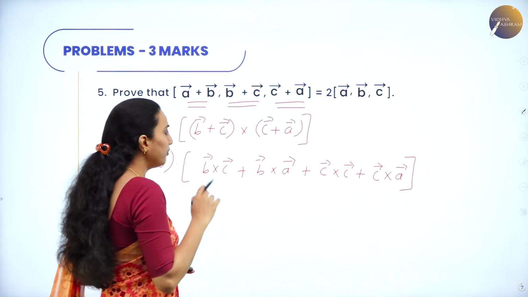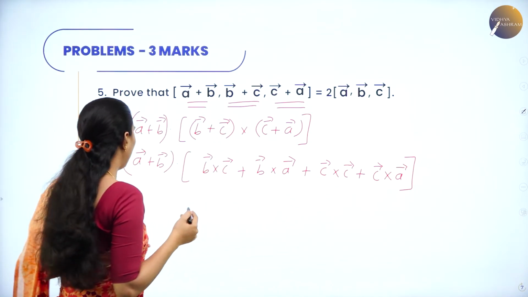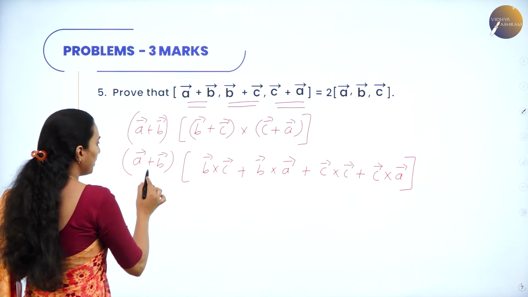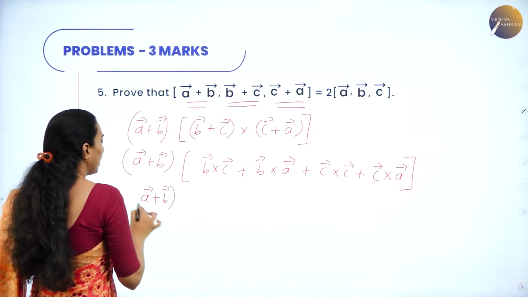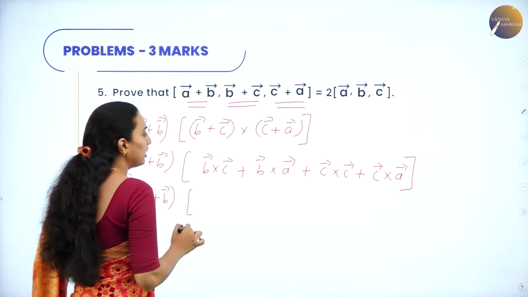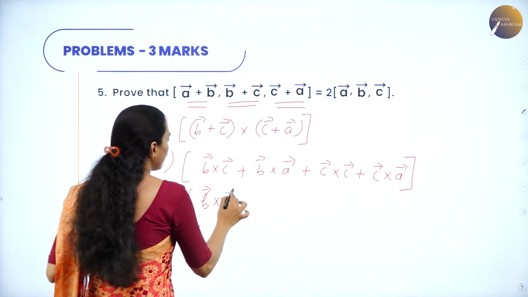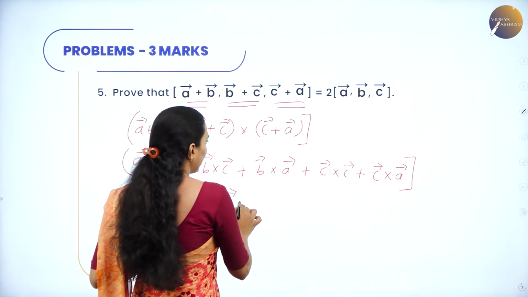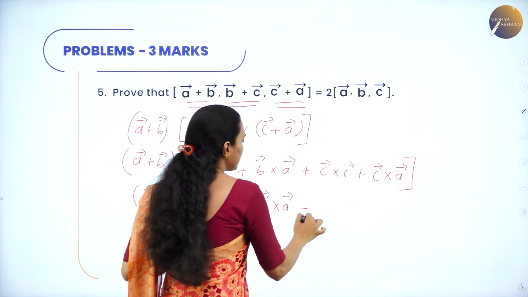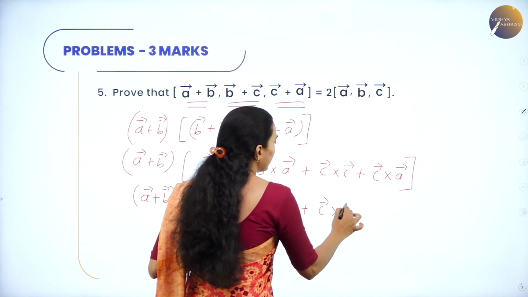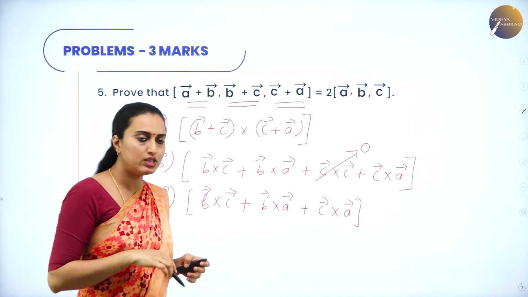Now, you know that C vector cross C vector gives you 0. So, therefore, you have A vector plus B vector dot B vector cross C vector plus B vector cross A vector plus C vector cross A vector, because C vector cross C vector gives the value 0.